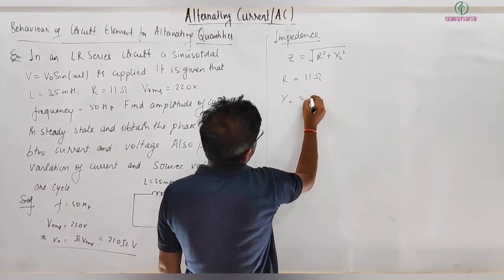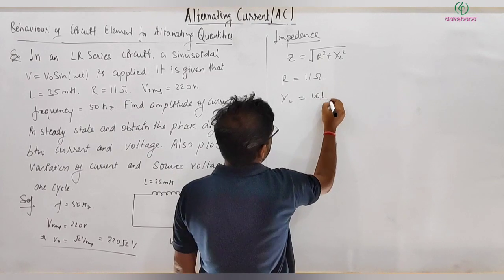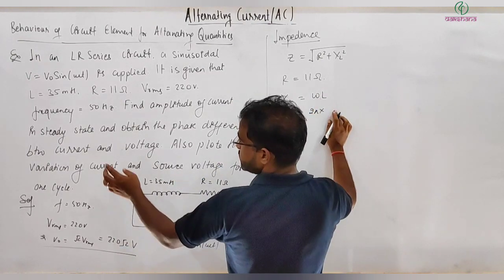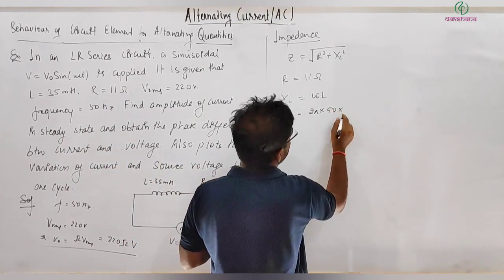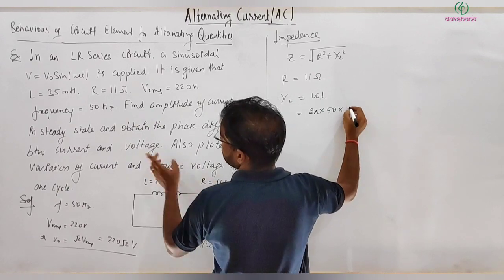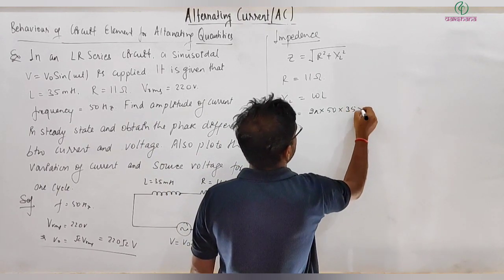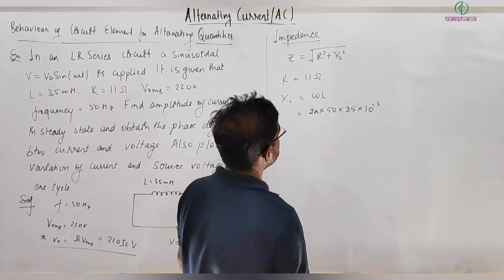We need XL, and XL is equal to omega times L, and omega is 2 pi times F. F is 50 hertz, multiplied by L, which is 35 into 10 to the power minus 3. This will be in ohms.